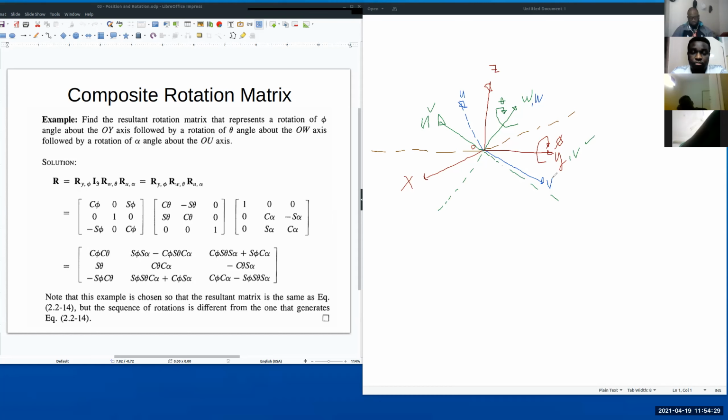So with that first rotation and the second rotation, the third rotation is about the OU axis. It rotates again in the positive direction. Sorry, everything is in the positive; I was drawing a negative rotation here. Let's just use all positive rotations.